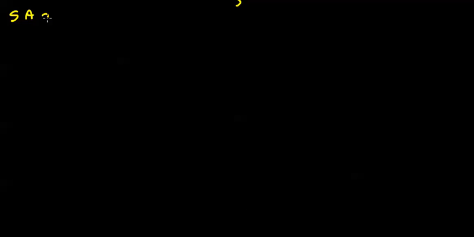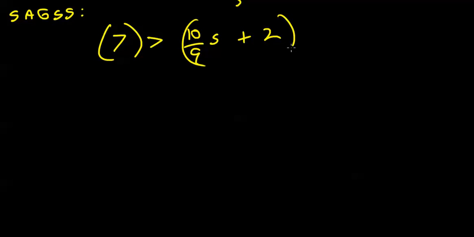Solve and graph solution set. That's my little time-saving acronym. I'll say 7 is greater than 10/9 s plus 2. Alright, this one's copied out of the book somewhere. So we've got some unpleasant fractions here to deal with. We've got a fractional multiplier in front of our variable, and of course we want to get rid of the fraction. First thing I would do is multiply both sides, all terms, by positive 9.